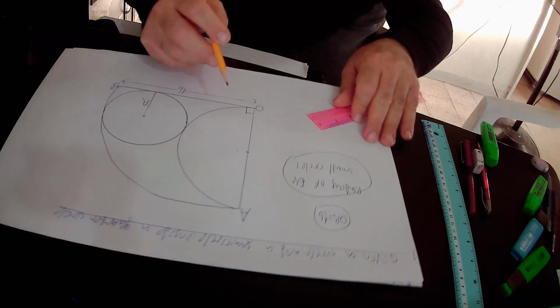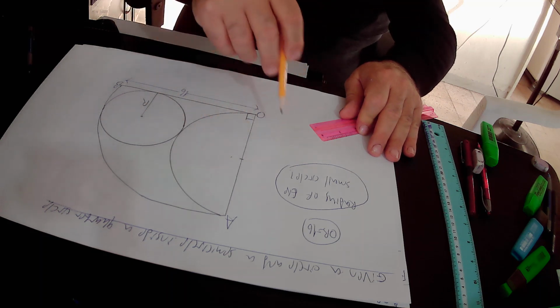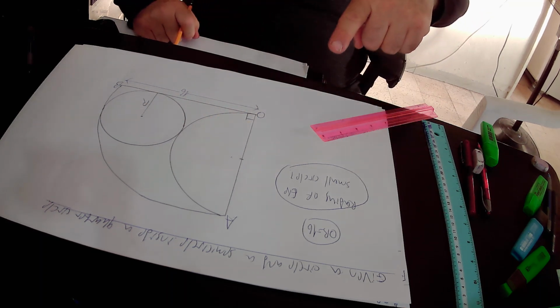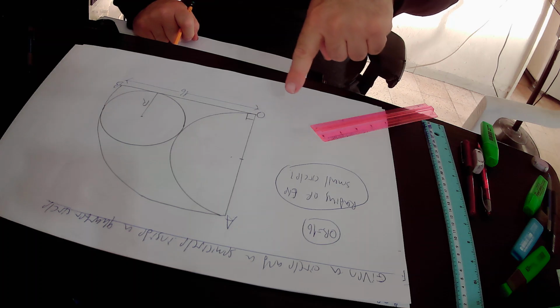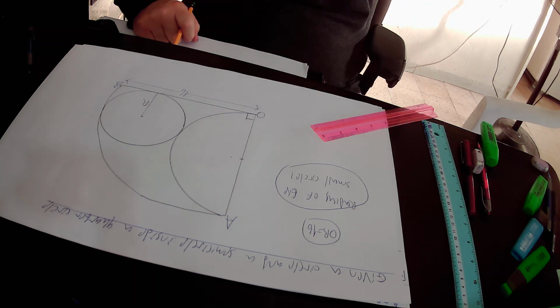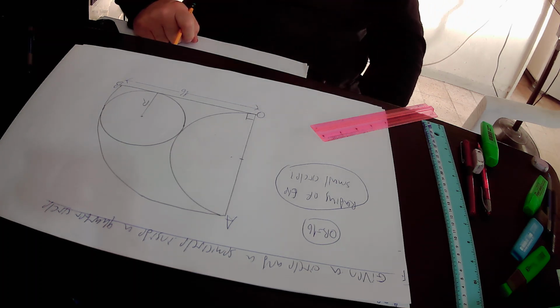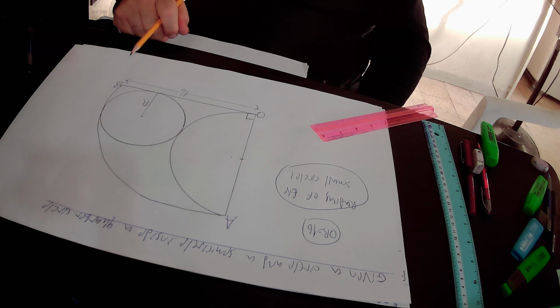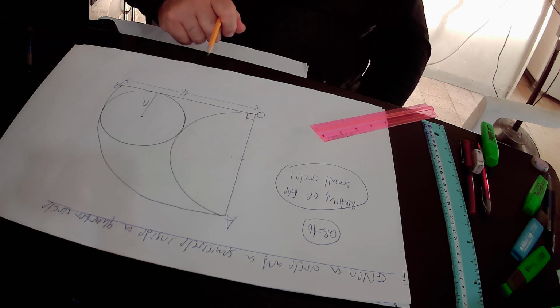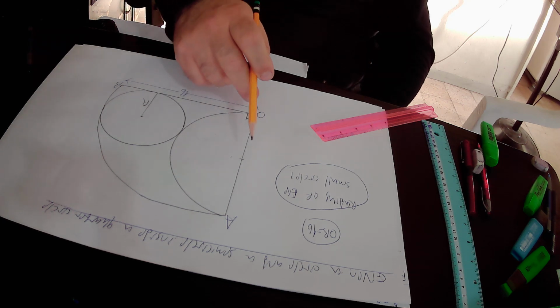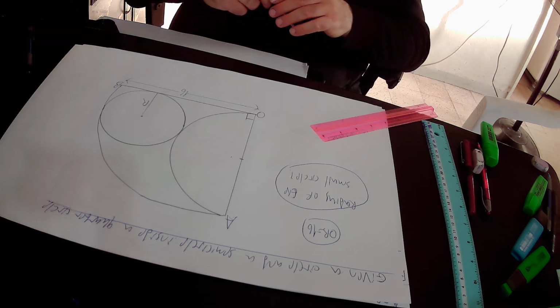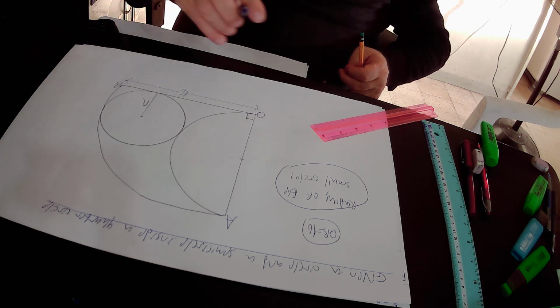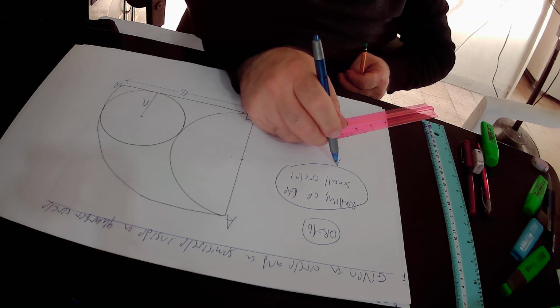In addition, because AOB is a quarter circle, sides AO and OB are both radii of the quarter circle, and therefore they are equal to each other. But the radius OB equals 16 units in its length, therefore the radius AO must also be equal to 16. So AO equals 16.